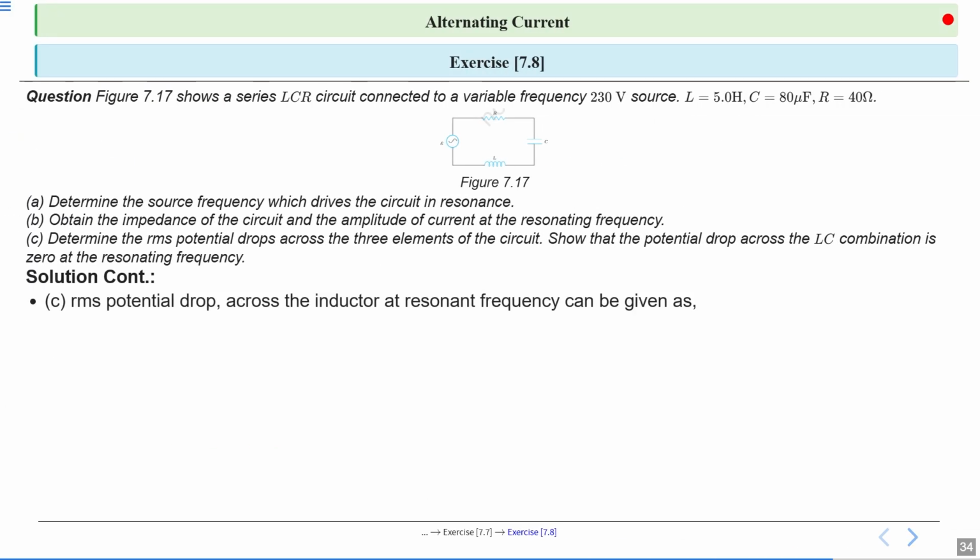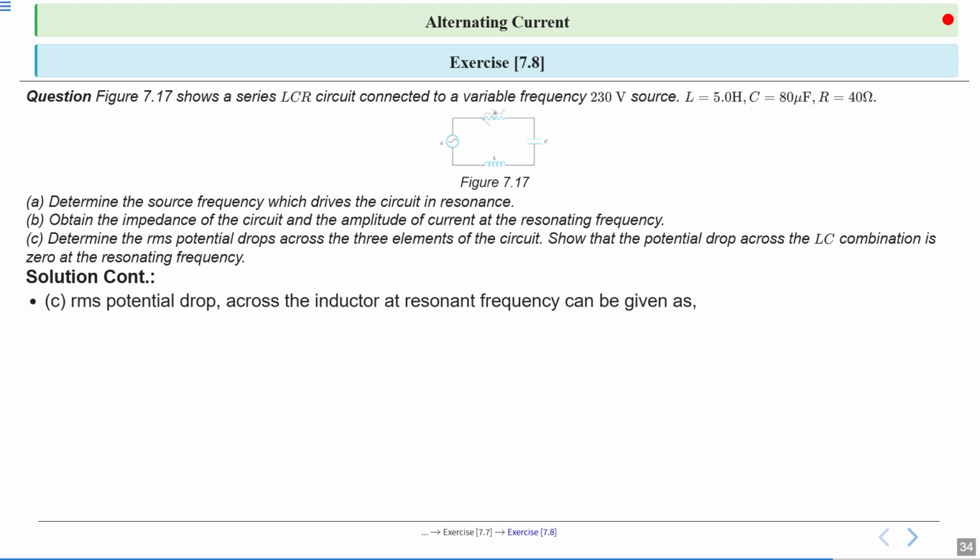Now C part. We have to calculate the potential drops across the three elements of the circuit, and you have to prove that the potential drop across the LC combination is 0 at resonant frequency. Only the potential drop across the resistor will appear at resonance.